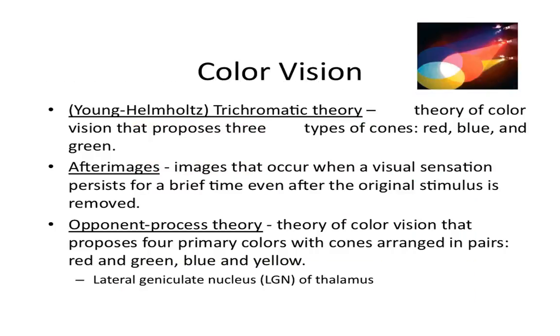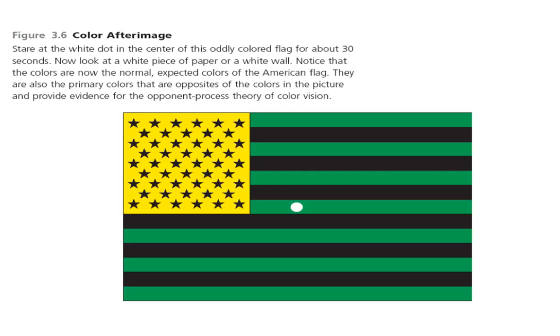All right, so when we have things like afterimage, this is what a lot of people say proves the opponent process theory works. Because with the use of the yellow, when you look at this, essentially, the yellow turns to, and the green turns to, there you go.